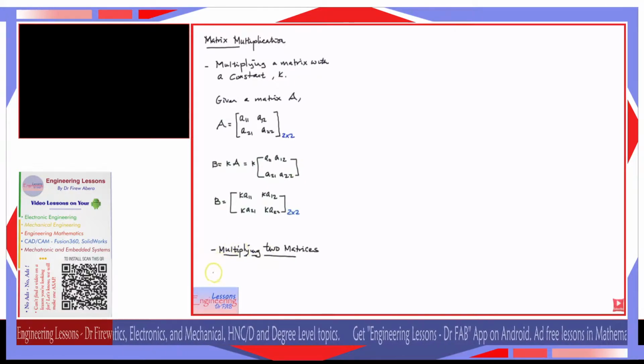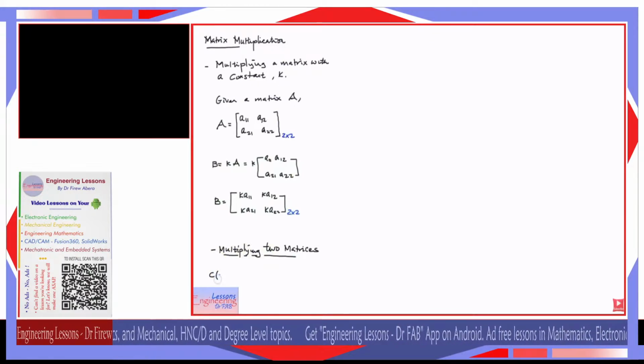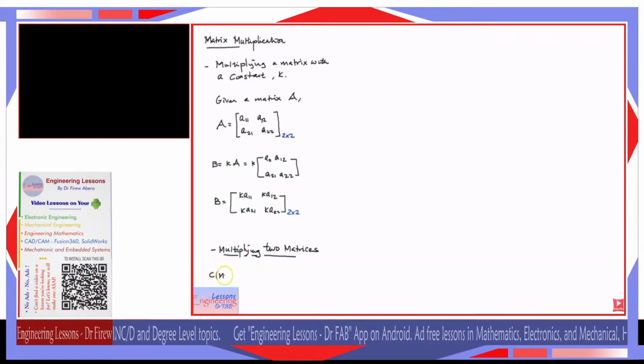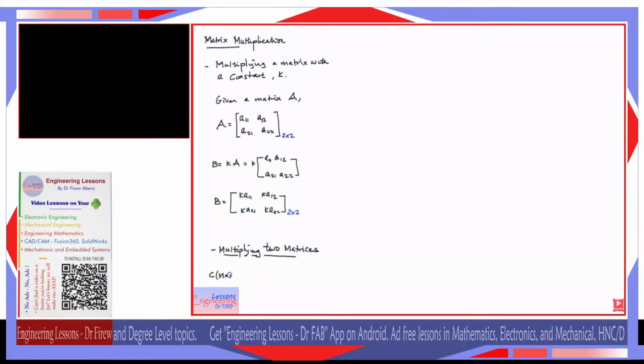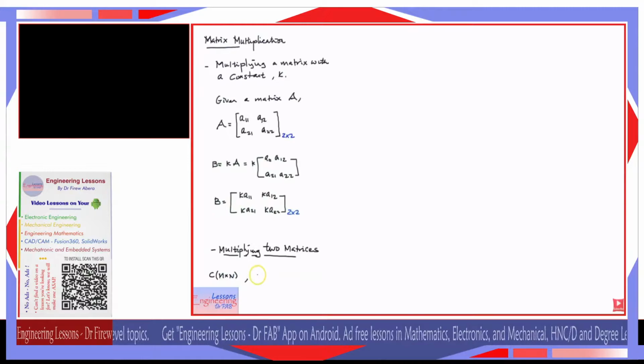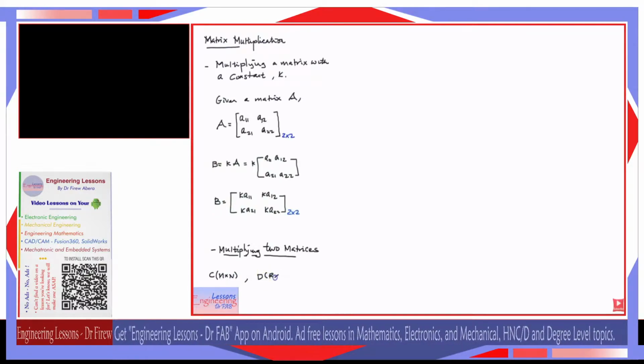Okay, and then multiplying two matrices. Let's say we have matrix C, an M by N matrix, and another matrix D, an R by S matrix.